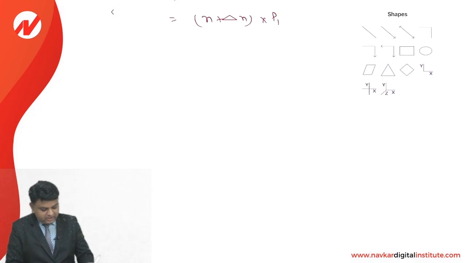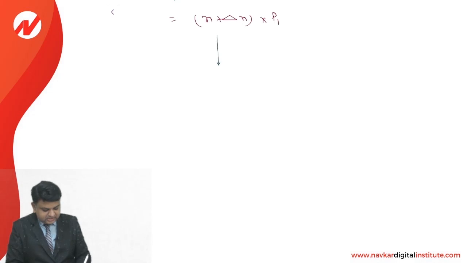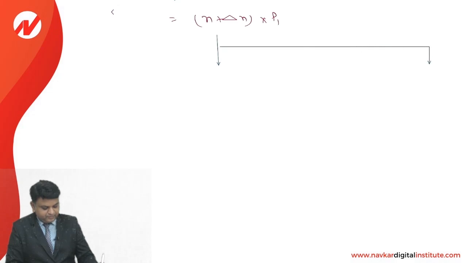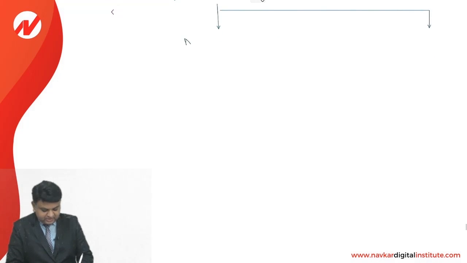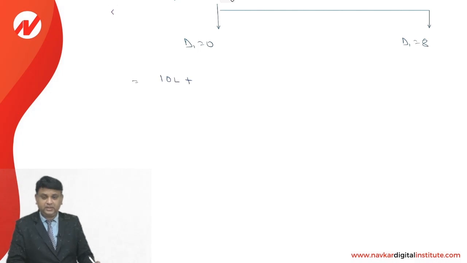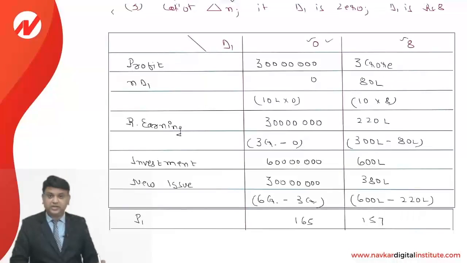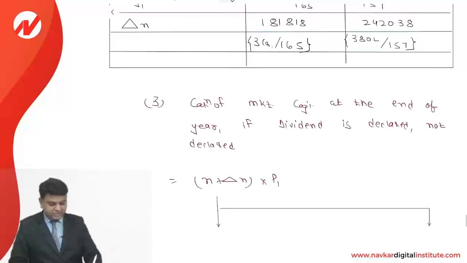Dear students, we already have calculated the required details in the first and the second part of the question. There are two things. So the D1 is 0 and D1 is rupees 8. As far as existing number of shares are concerned, it is 10 lakhs. Plus, if at all the dividend is not declared, then in that case the additional shares that will be issued is 1,81,818.